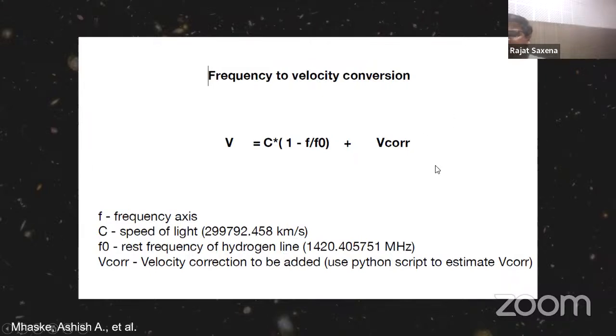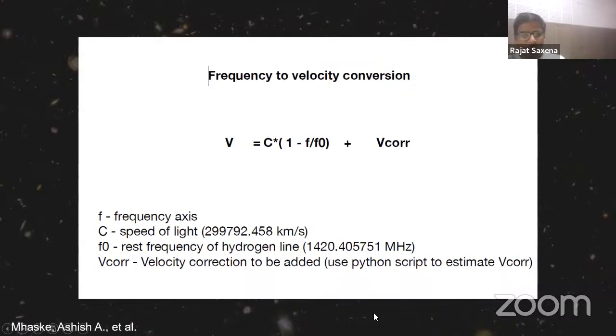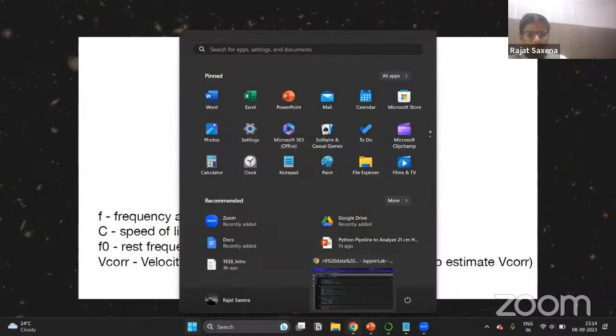We have to add a correction for the movement of the Earth on its own axis and around the sun. While we are on the axis, we have to consider the latitude, longitude and altitude of the observatory. We have a Python code which will give us the V core, and using that we can calculate it. I'll now show you the pipeline.